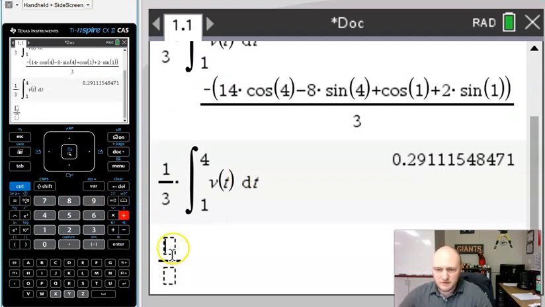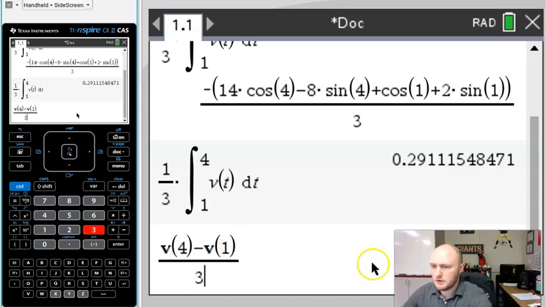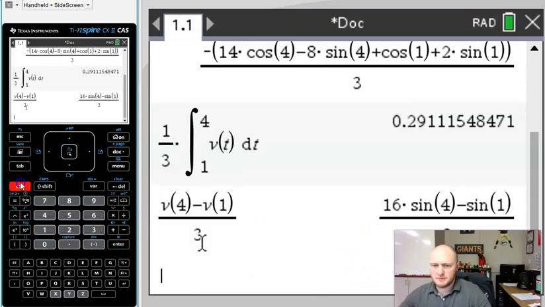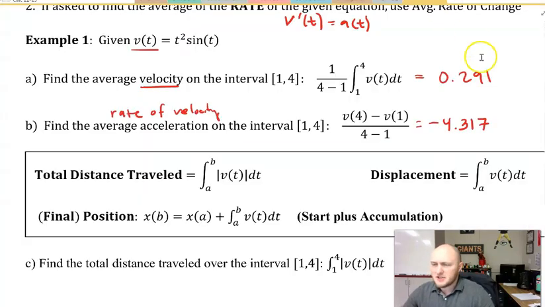So I've already defined it. I'm just going to say, okay, v of 4 minus v of 1, divided by 3, 4 minus 1. I hit enter, approximate it, and we get negative 4.317. Okay, so there's my answer.